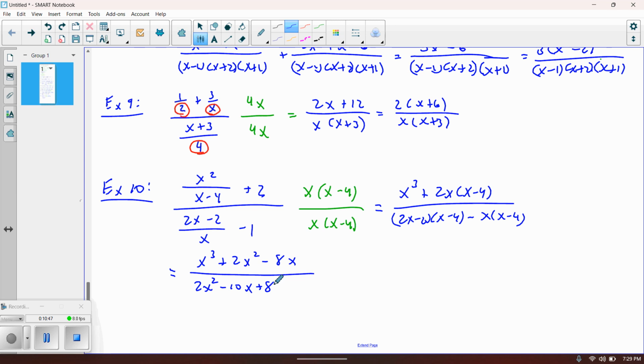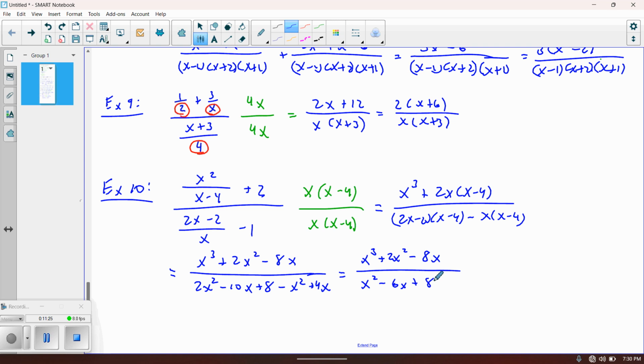And then distributing the last piece is a minus x squared plus 4x. All right, let's combine like terms the best we can. We'll have x cubed plus 2x squared minus 8x all over, let's see, 2x squared minus x squared is x squared. Minus 10x and 4x is minus 6x. And plus 8.